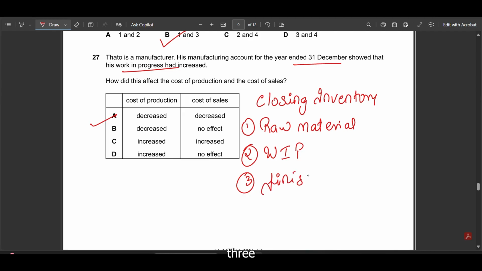So we have three closing inventories and these become the opening inventory. Raw material directly affects your prime cost. Work in progress affects your cost of production. So here in the question they are asking about work in progress. That's the reason if the closing inventory is more, my cost of production would be less. So hence cost of production is decreased and cost of sales would be decreased. And finished inventory affects your cost of sales. Remember this thing.